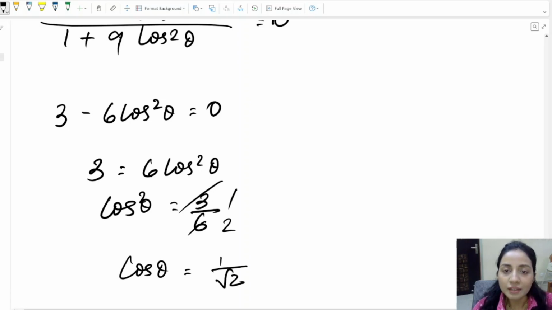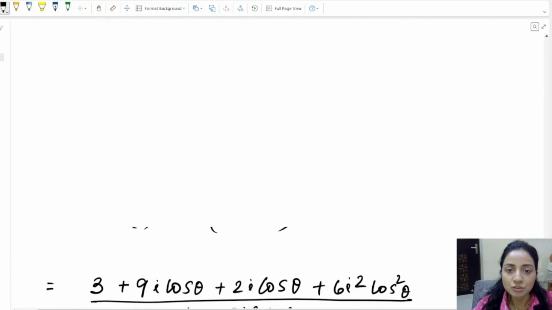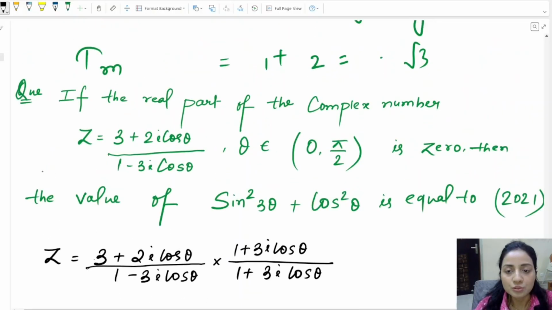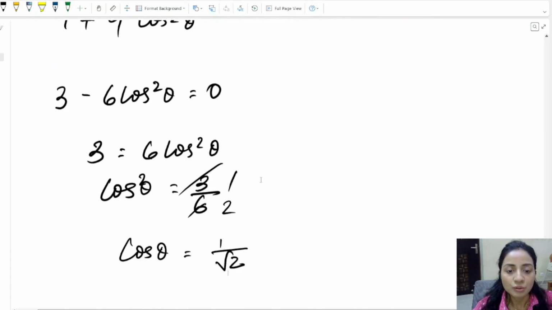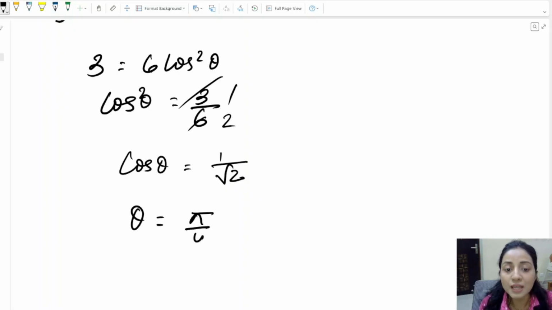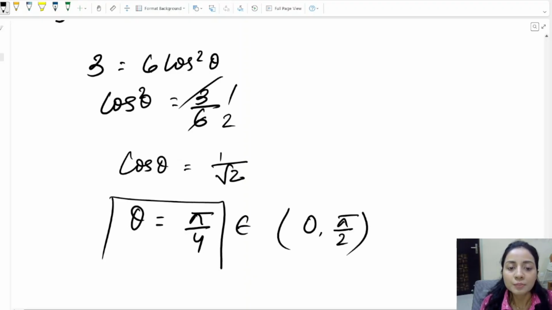We have to take theta from the given range, 0 to pi by 2. So 1 by root 2 is cos pi by 4. So theta must be pi by 4, and this pi by 4 belongs to the range 0 to pi by 2. We are done with finding theta.